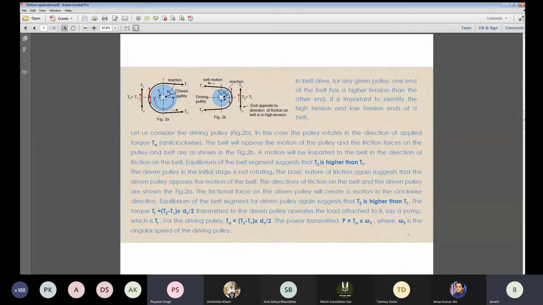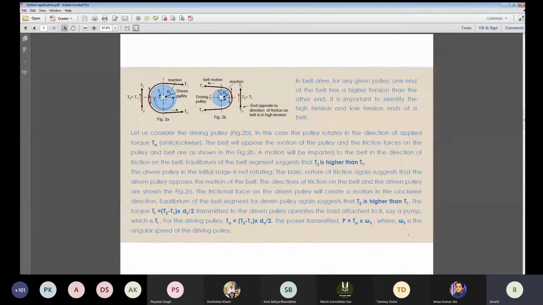So T2 is 3 times T1 for the driven pulley, and 2 times T1 for the driving pulley.